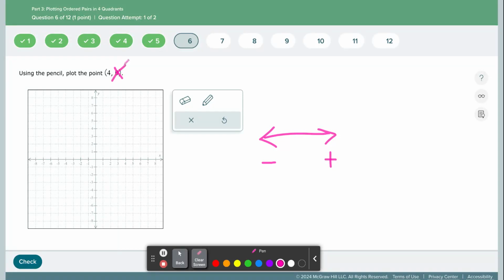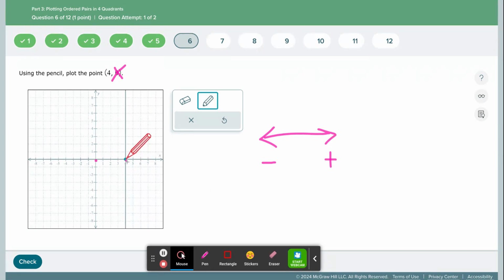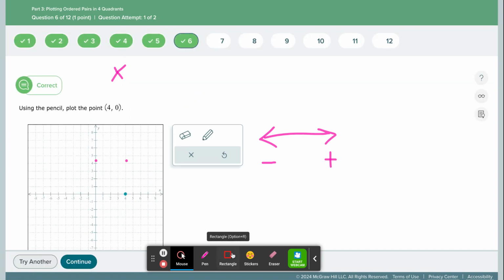I don't move on that round at all. So I'm starting at my origin and I need to go positive 4. Well, remember, positives to the right. So 1, 2, 3, 4. And my second number is 0, which means don't move. So I'm ready to plot it already. Boink. And I'm ready to go. So here we go.